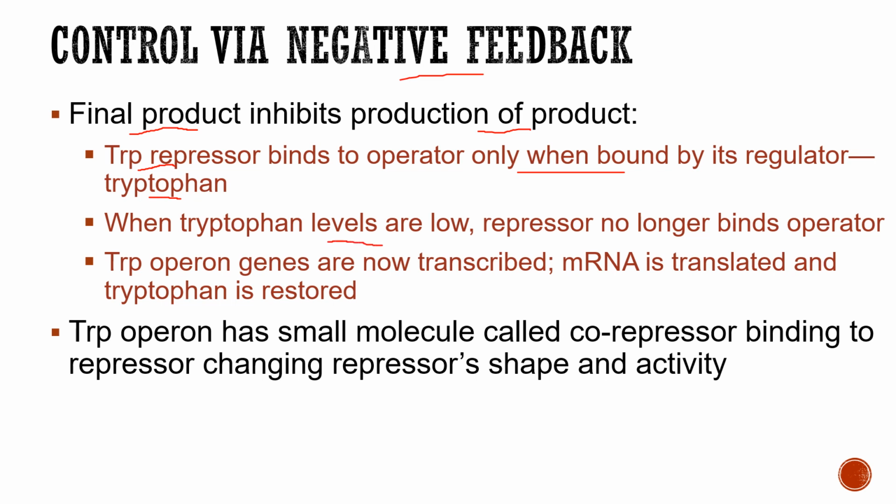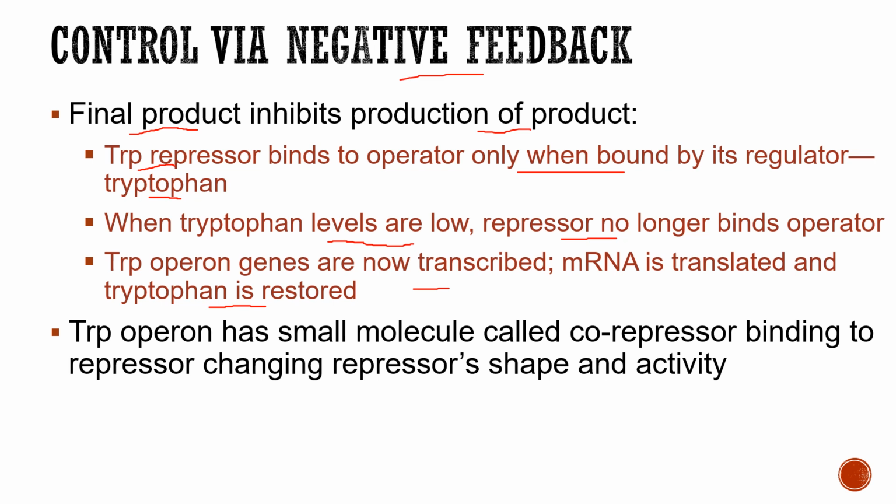So when tryptophan levels are low, the repressor doesn't bind to the operator and we get transcription. Because again, the purpose of this is to make tryptophan. So if we don't have a lot of tryptophan, it needs to activate transcription. Then those genes are made, the mRNA is translated, and tryptophan is now made.